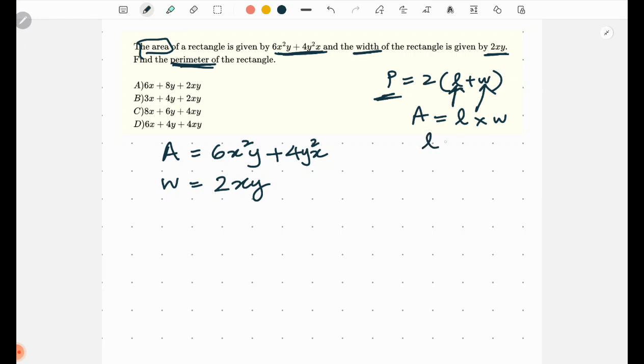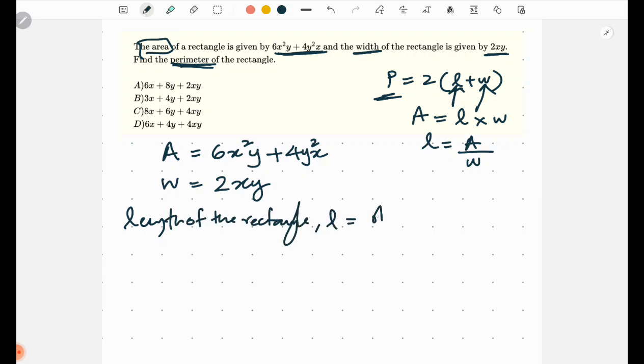So what would L be then? L is equal to A by W, area by width. That is how we'll find the length of the rectangle. So that is (6x²y + 4y²x) divided by W, and W is 2xy.